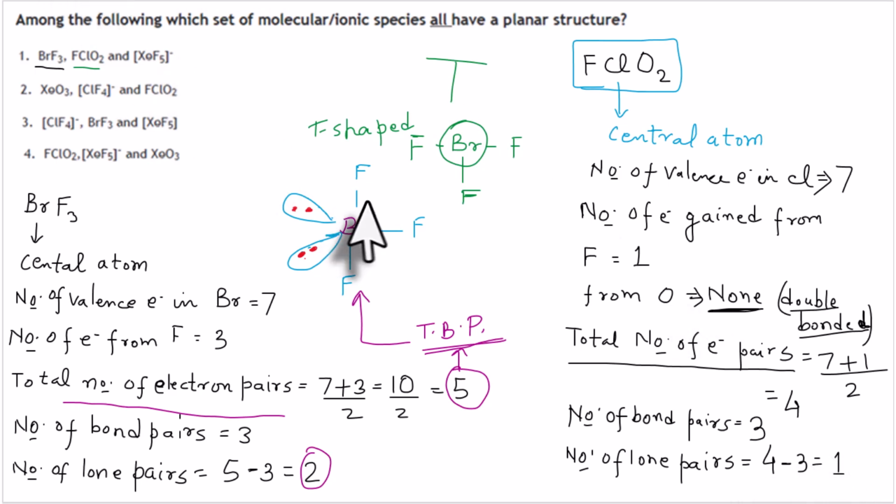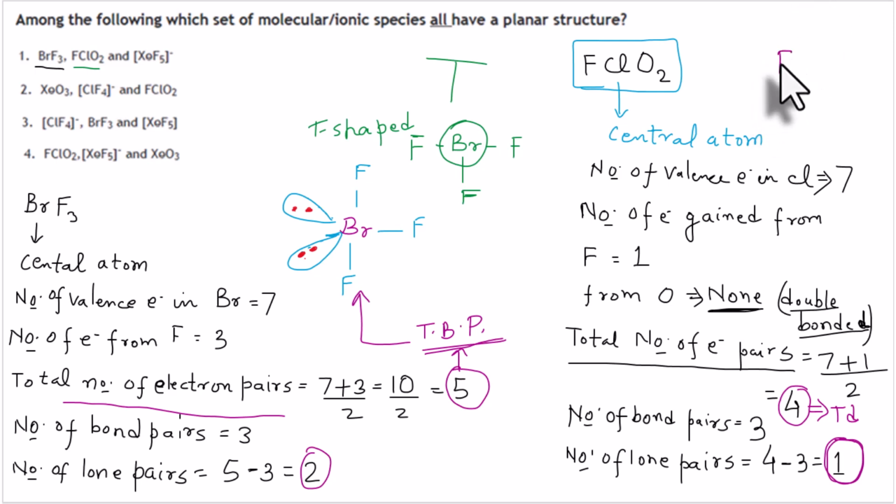So according to VSEPR, for total number of electron pairs equal to 4, we have tetrahedral geometry. And this tetrahedral geometry distorts to pyramidal when we have 1 lone pair of electrons, like we have in ammonia.